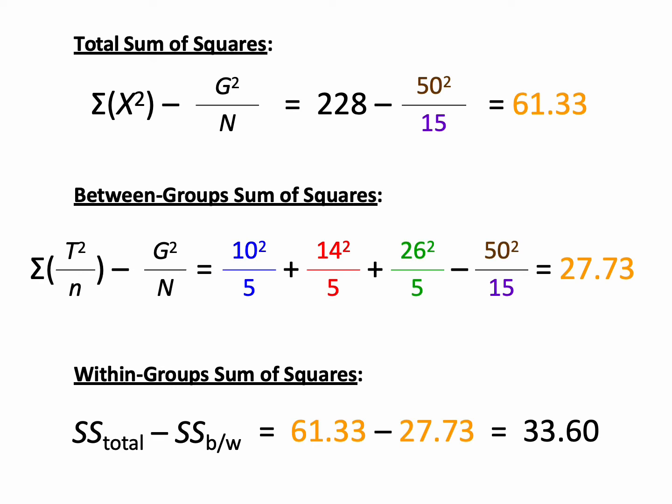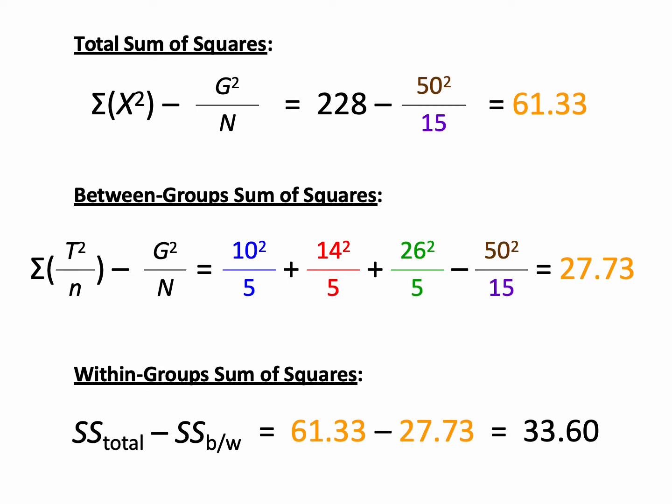In our table, group 1 was 10. That was their total of scores. Group 2 was 14, and group 3 was 26. We square all of those numbers at the top of our fraction, and beneath we put the respective sample sizes, which are each 5.